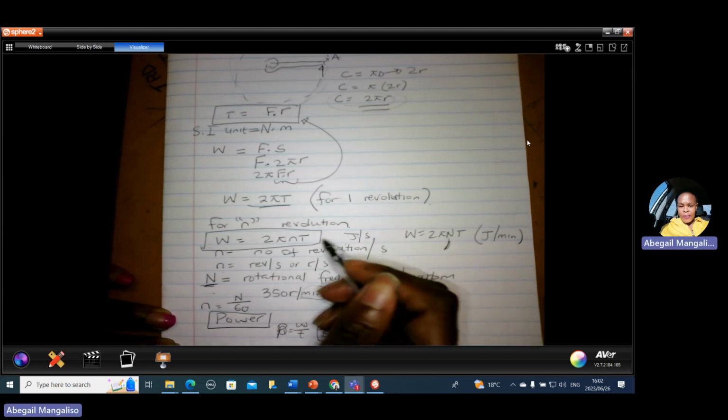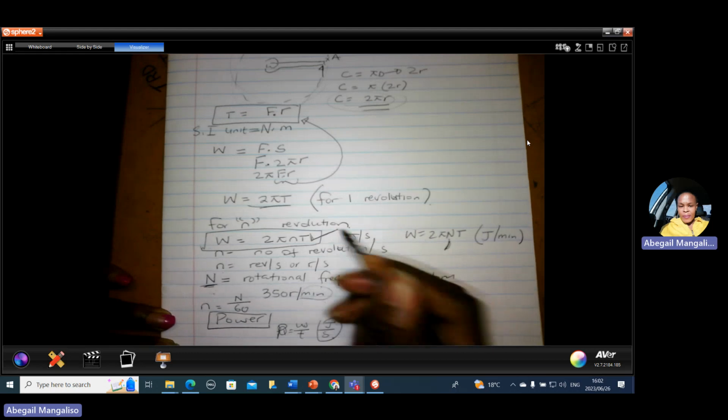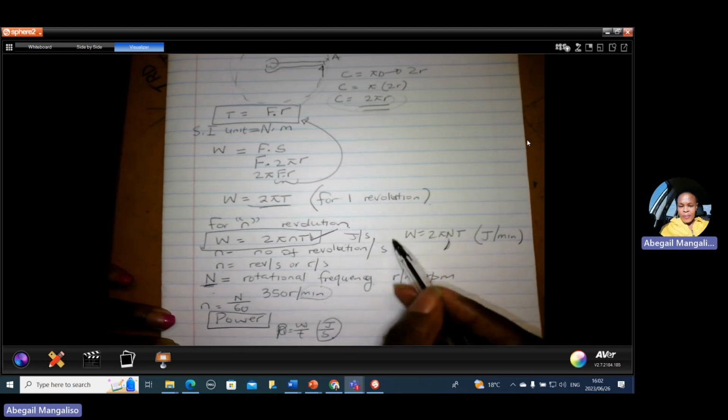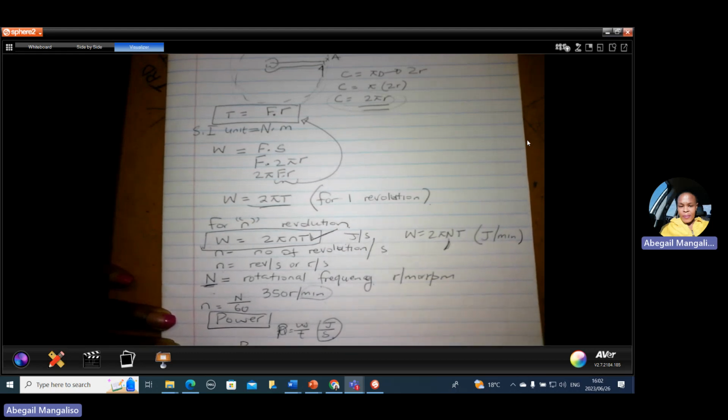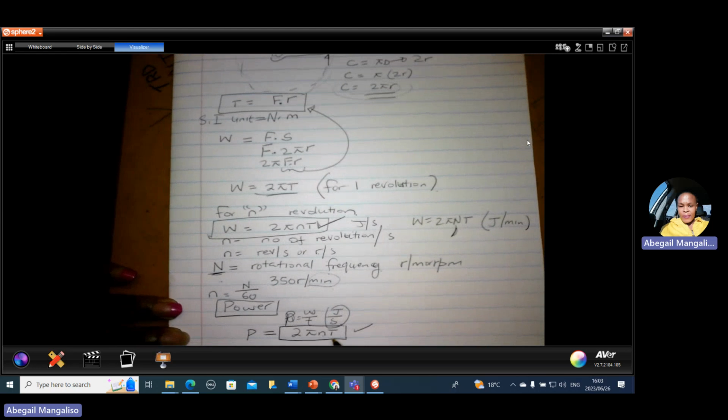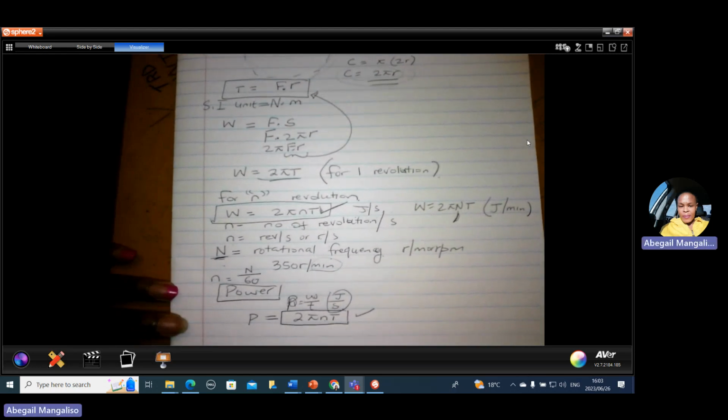So to calculate power, it will be this formula because this formula gives us joule per second. So power for work done by torque is 2 pi nT. So it is compulsory for power to use the small letter n. It's 2 pi nT, same formula as work done. Work done is in joule per second, but for power, you put watts.